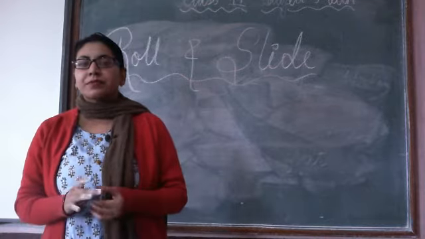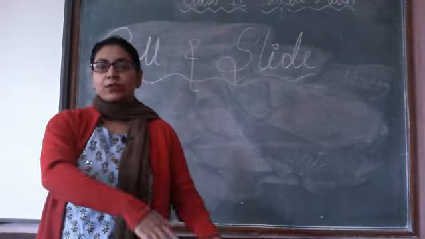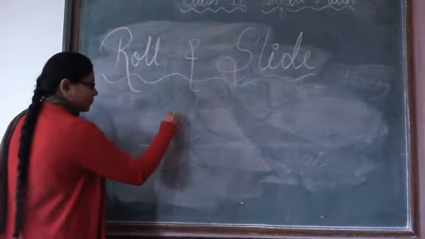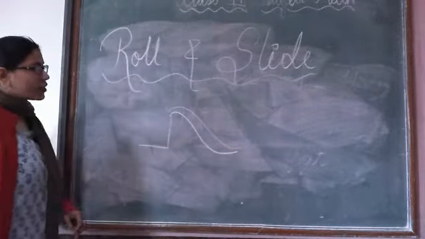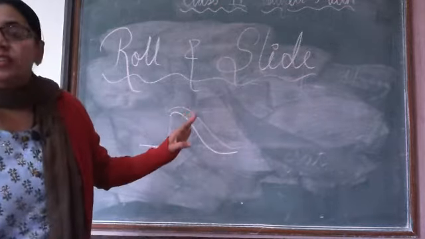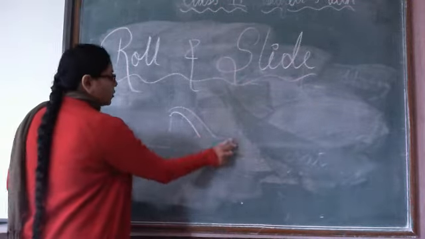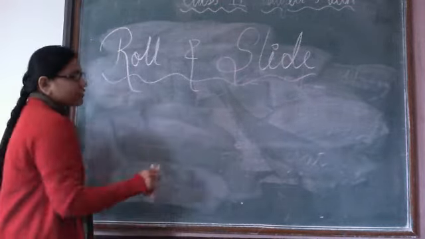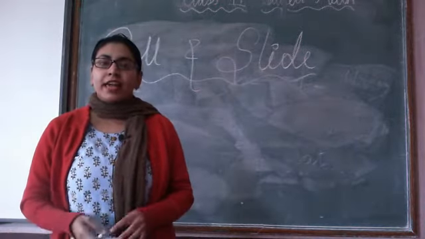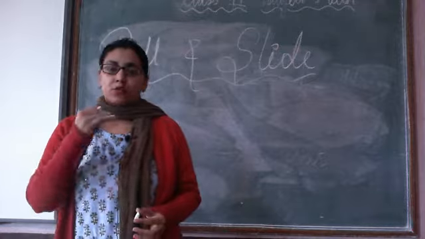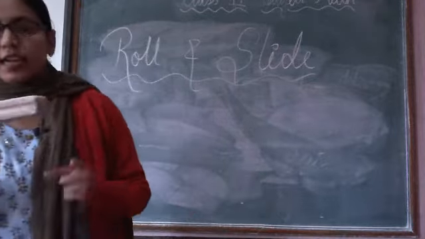Do you understand? On a slide, you slide. In the park, the slides are there. So the objects or shapes that have flat surfaces can slide, and the objects which have a curved surface can roll. For example, the duster.